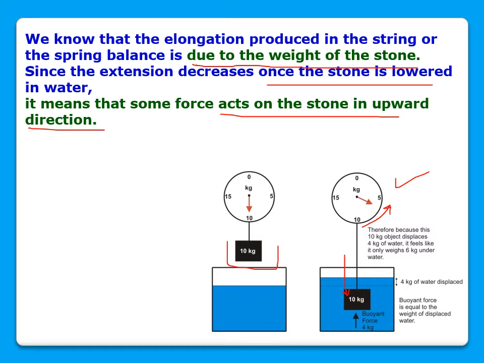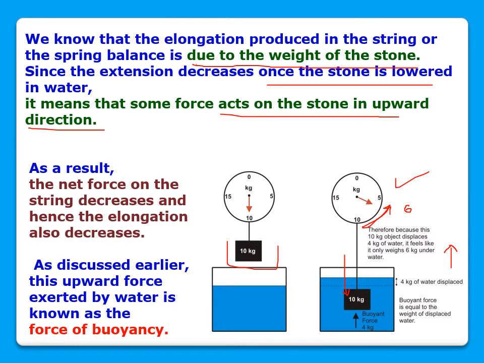And the reading is 6 over here. So what do you think? The weight is reduced or there is any other reason for that? See, 4 kg of water is displaced by this object when it is immersing into the water, and it is feeling a force in upward direction. That is why reading is decreased over here.